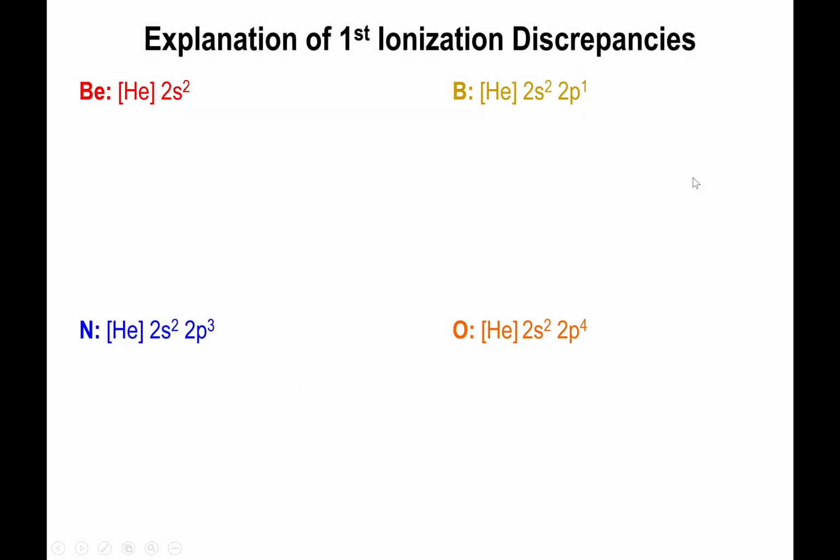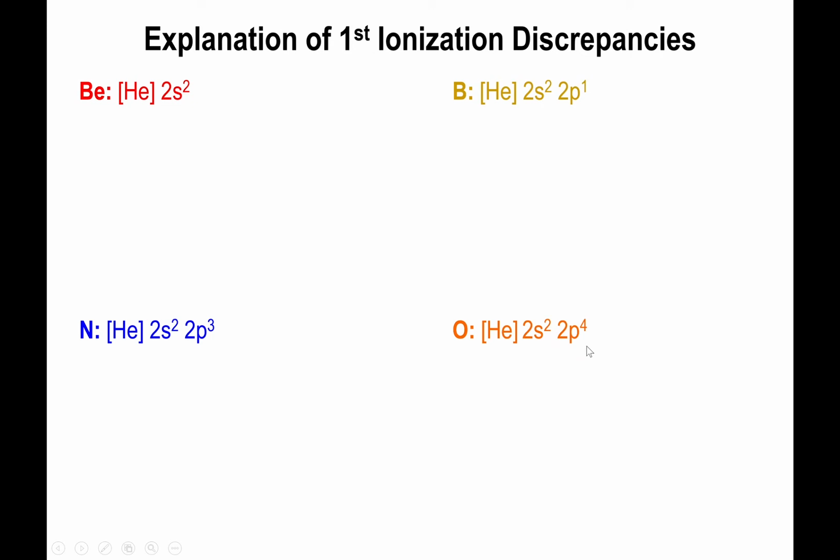The reason has to do with the electron configurations of these elements. We compare beryllium to boron and nitrogen to oxygen. The configuration for beryllium is 2s2, and the configuration for boron is 2s2 2p1. The configuration for nitrogen is 2s2 2p3, and that of oxygen is 2s2 2p4.